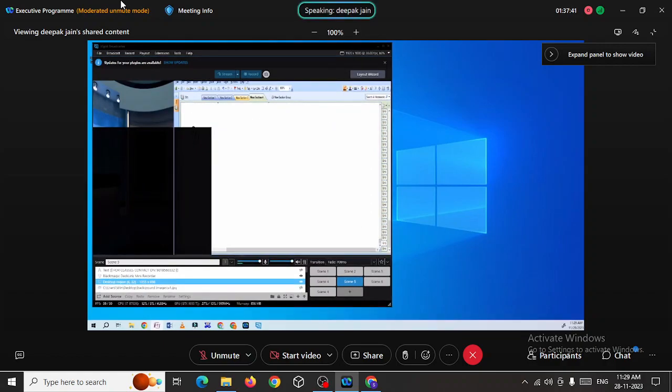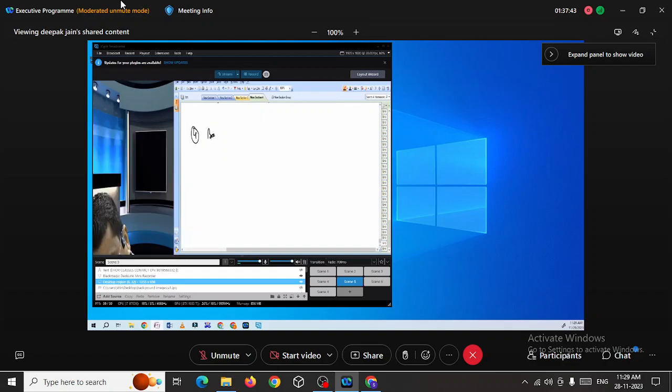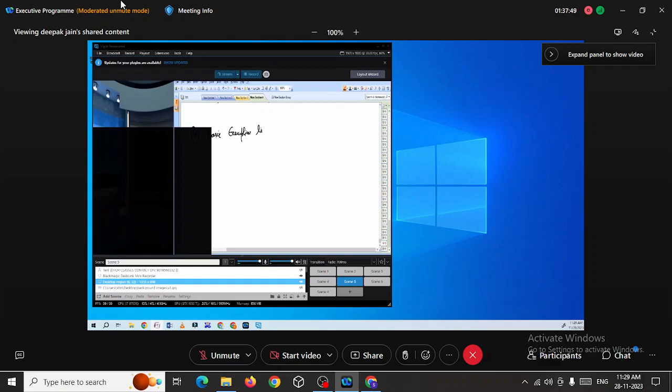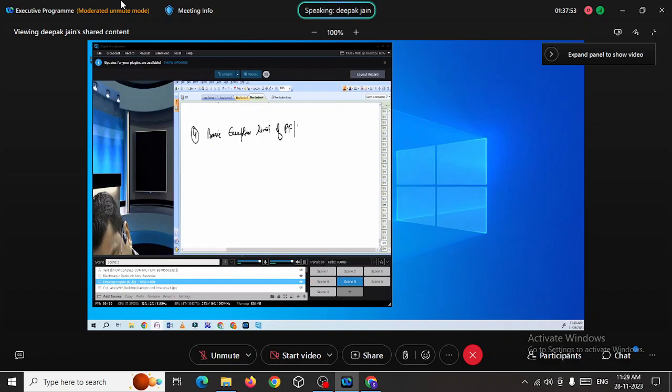So what is the basic exemption limit of partnership firm? Basic exemption limit of partnership firm or LLP. Any idea? 2.5 lakh, 3 lakh, 5 lakh, nil.